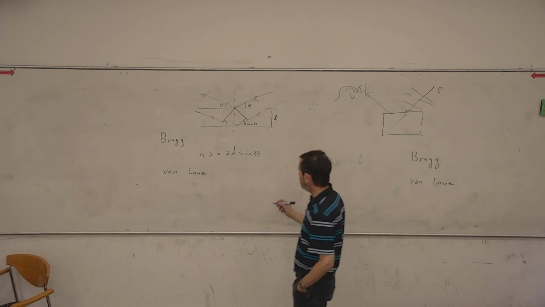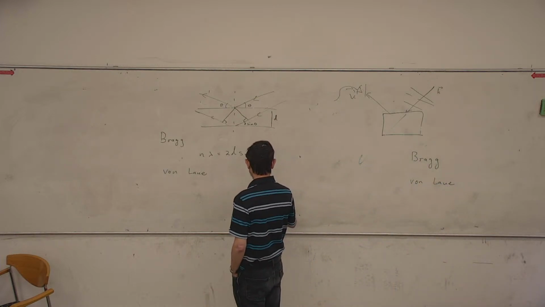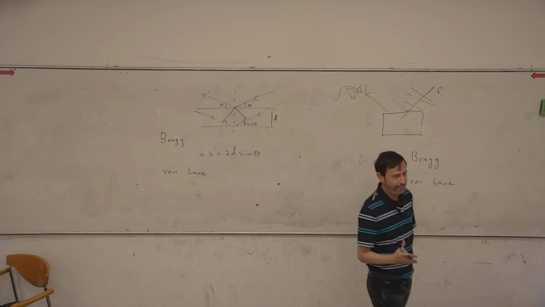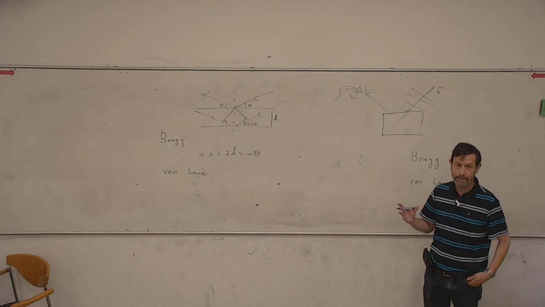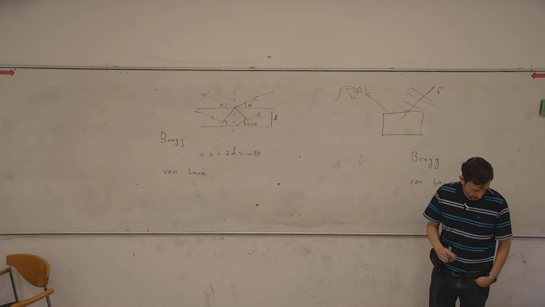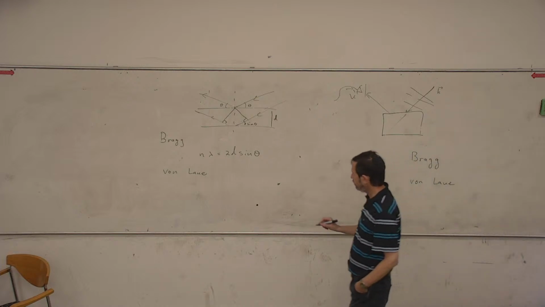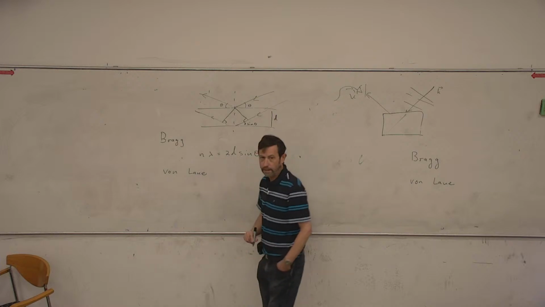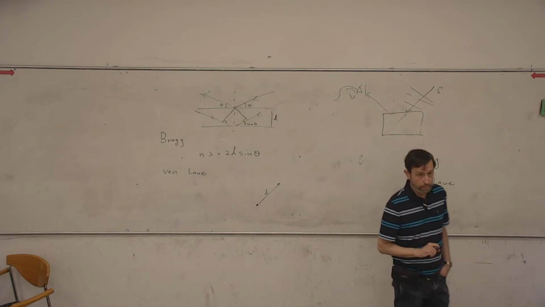So his point was, look, let's look at 2 points that scatter the incoming wave, and let's say there's a distance d between them.